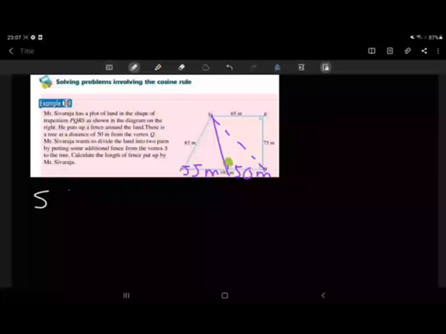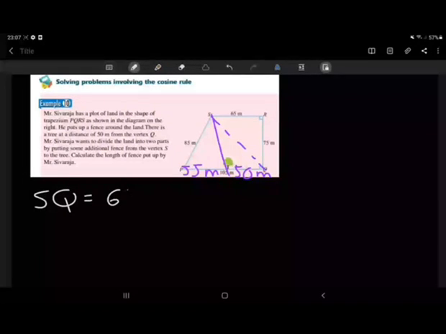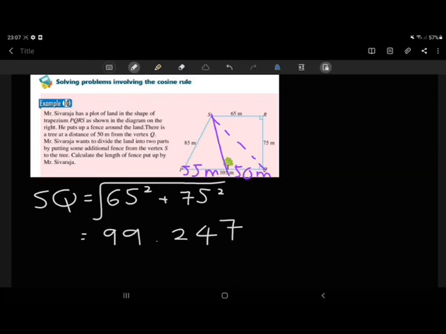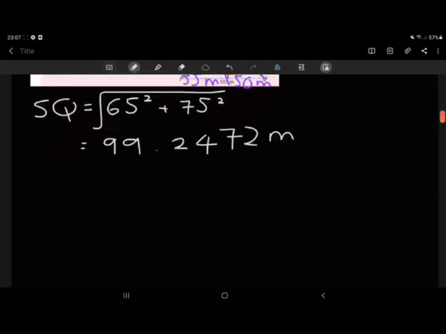Okay, so the first thing is we need to find SQ. SQ is equal to 65 square plus 75 square, and then we square root, and we get the answer 99.2472 meter.